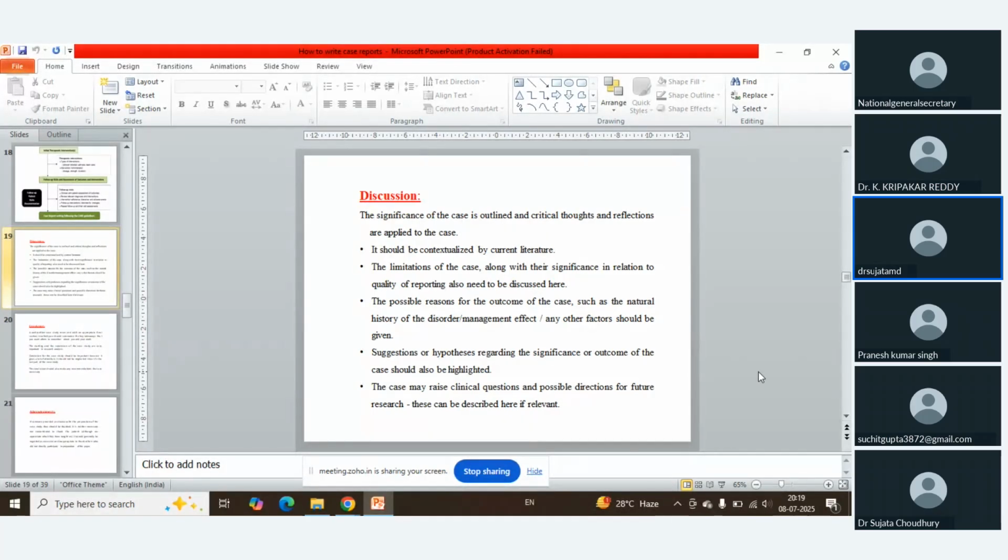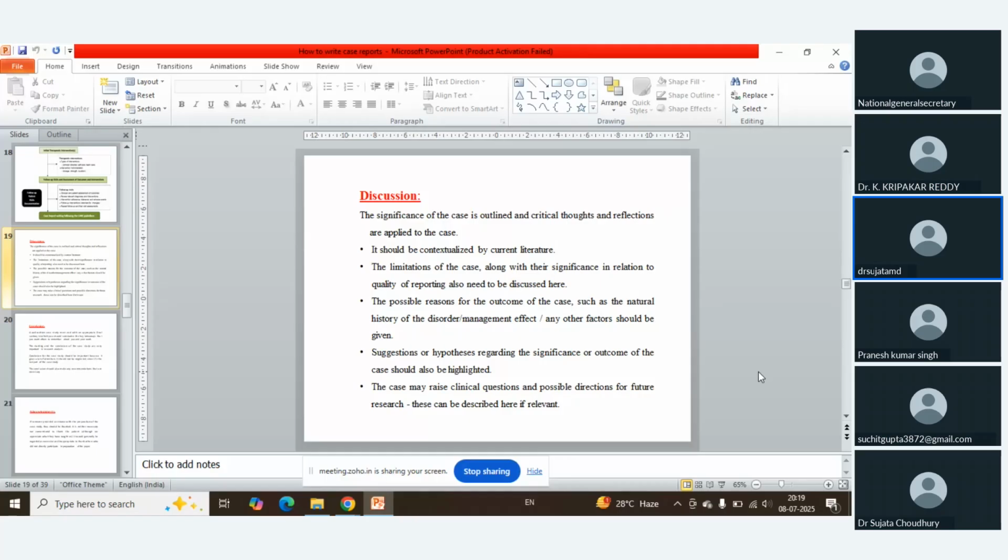Like this, we can give suggestions regarding the significance or the outcome of the case, and the case may raise clinical questions, hypotheses, research questions, and possible directions for future research.